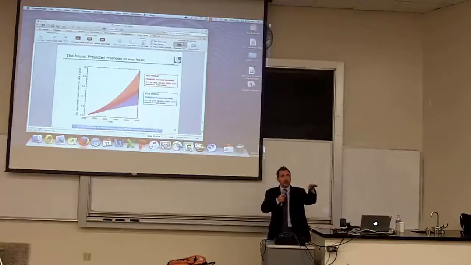So in model world, you can do that. You can increase CO2 according to how it's increased historically, and then you can freeze it and see what happens in the climate system. And the reality is that things continue to warm. Of course, not as much as if you followed a business as usual scenario.